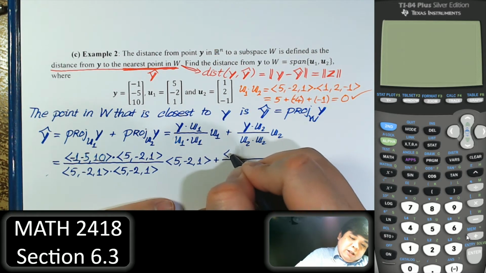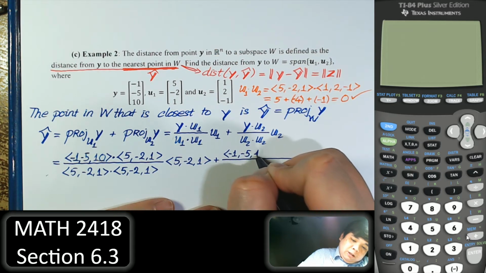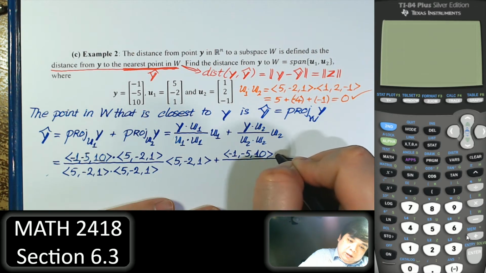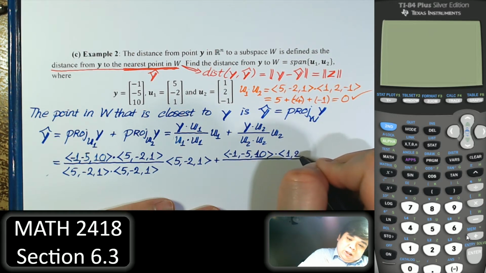Then y dot u2, with u2 being 1, 2, negative 1.